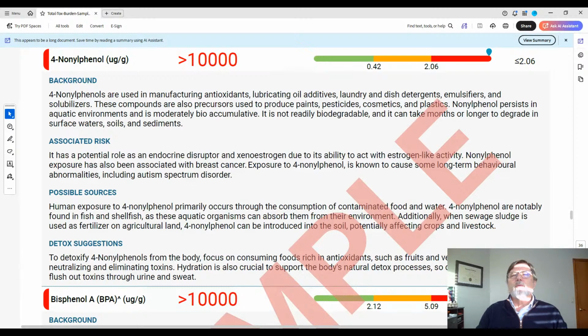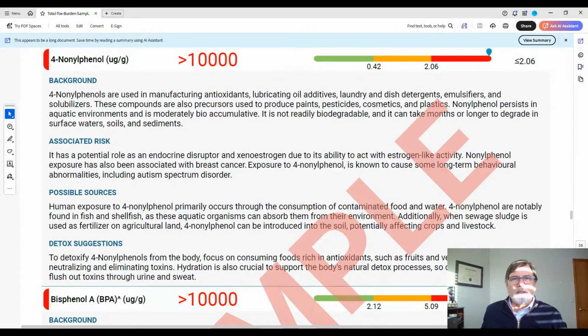But the other answer is we live in a toxic world where babies today are born with almost 300 identifiable industrial chemicals in their umbilical cord blood. For adults who are not detoxifying well, sometimes just normal environmental exposure is enough to cause them to have very high amounts, and they don't have any obvious exposure beyond just the normal environmental exposure.